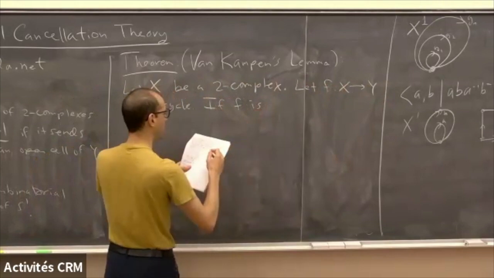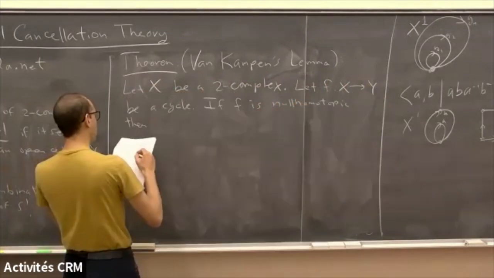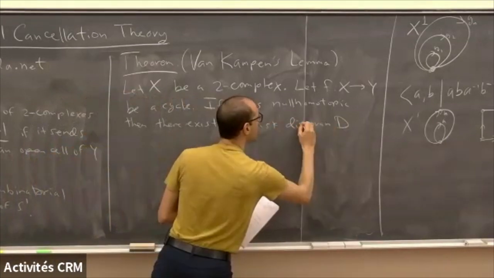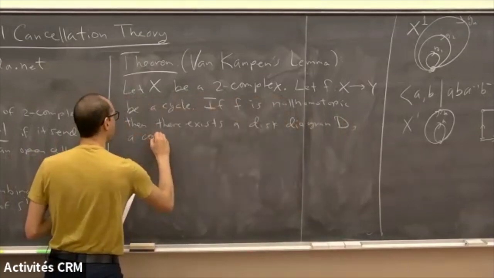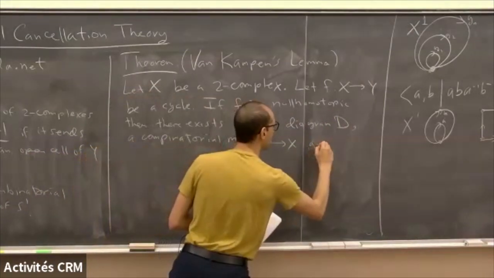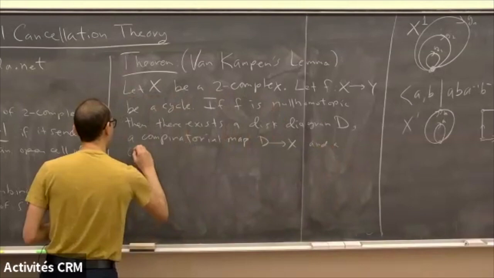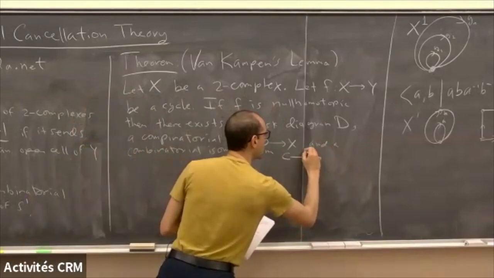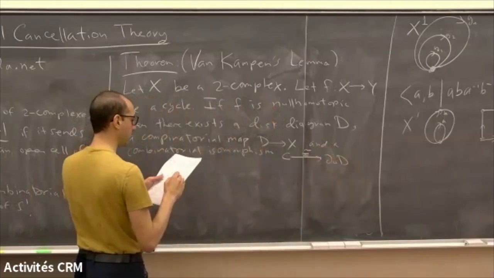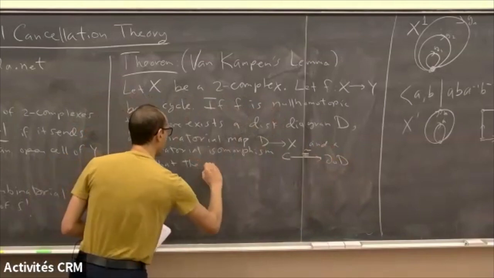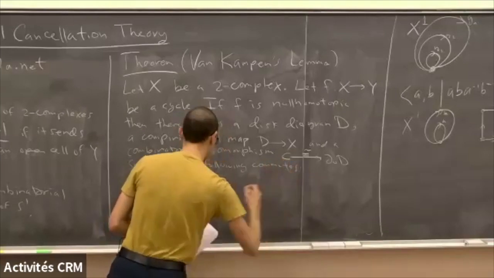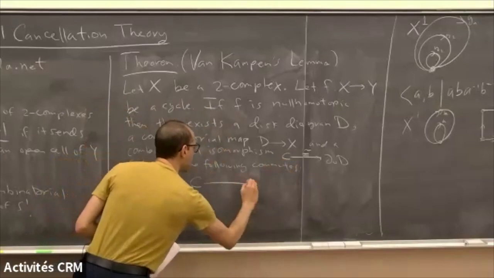If F is null homotopic, then there exists a disk diagram D, a combinatorial map from D to X, and a combinatorial isomorphism from C to the boundary of D, such that the following diagram commutes.